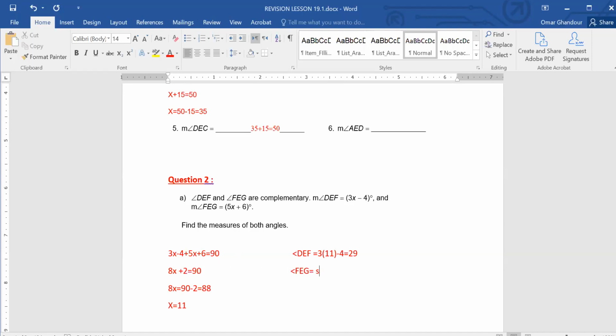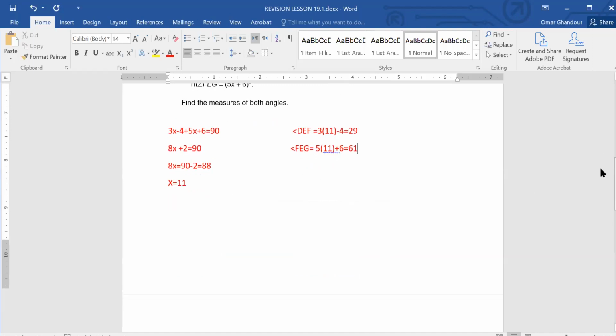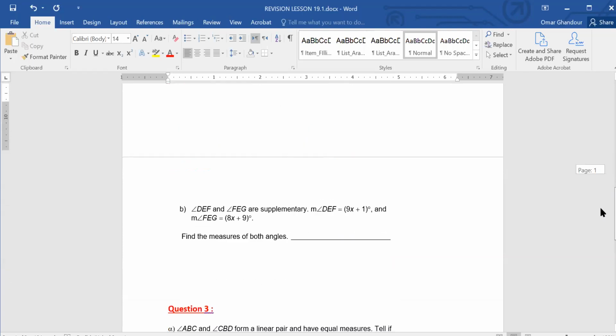It's going to be 5 multiply 11 plus 6, which is 55 plus 6, which is 61. If I add 61 to 29, they will give you 90 degrees, as we did. Okay, very well. Question B will be left for our online session.